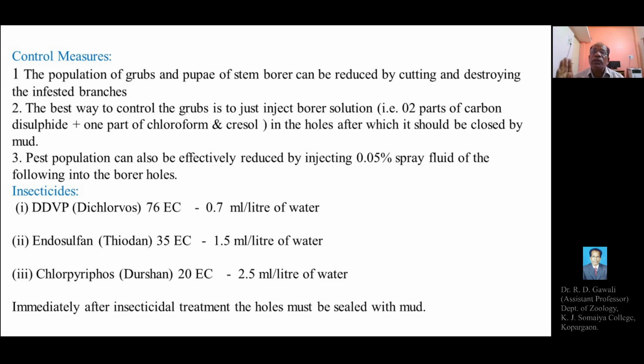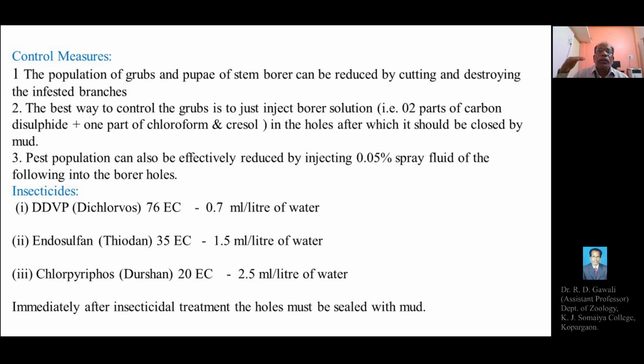The composition of the borer solution is two parts of carbon disulfide and one part of chloroform and cresol. So these three chemicals will form a borer solution, which can be injected into the tunnels or the burrows of the grubs and pupae which are present inside the trunk of the mango tree.